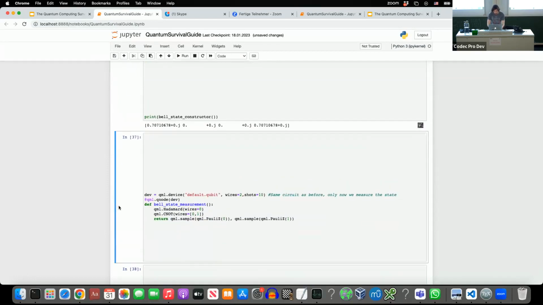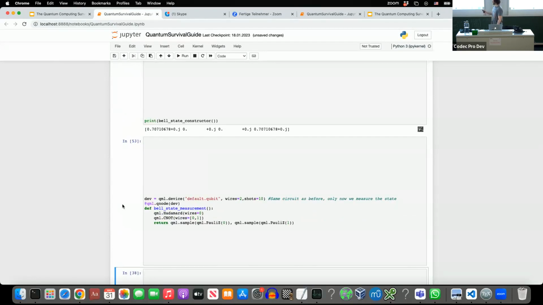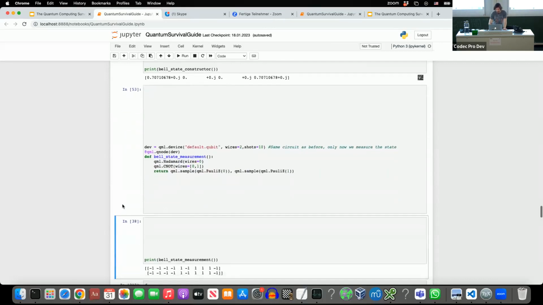Okay, and now what I'm going to do is I'm going to observe the qubits. I'll take 10 samples, and when we're looking at this, let me go down here. So here is our circuit after we've made some measurements.